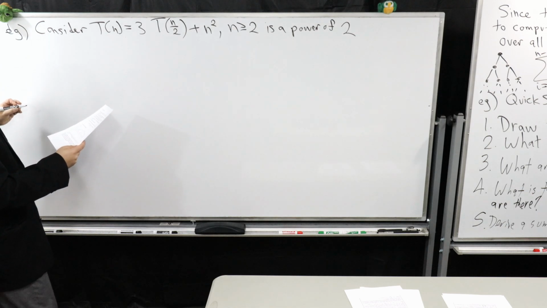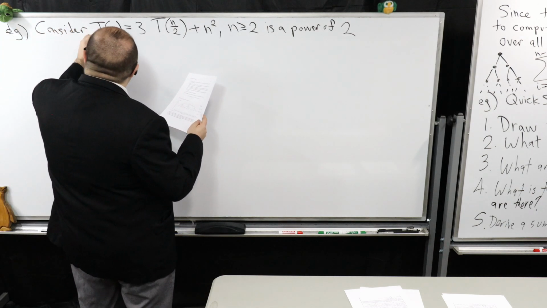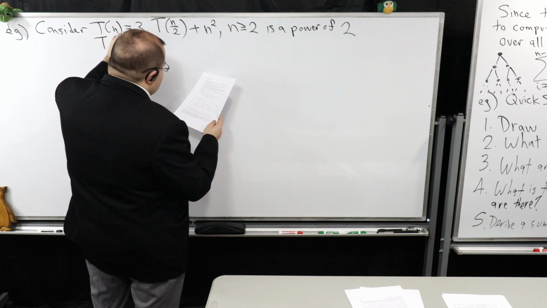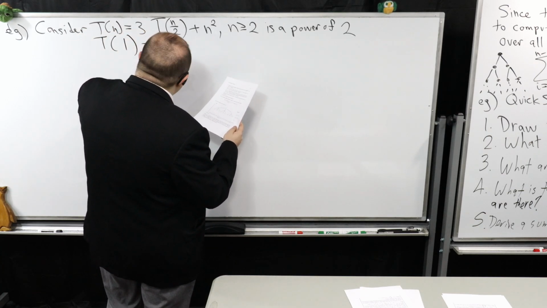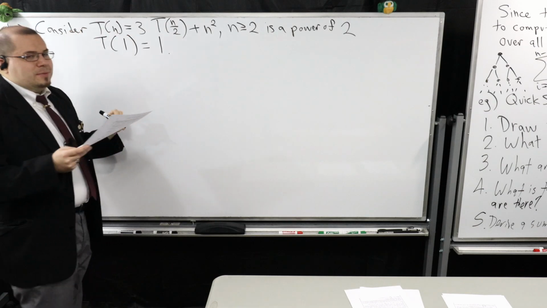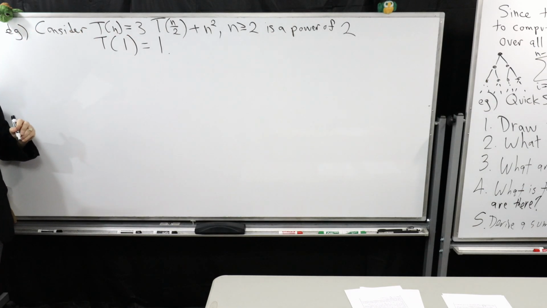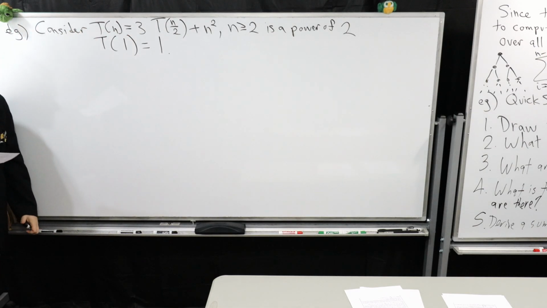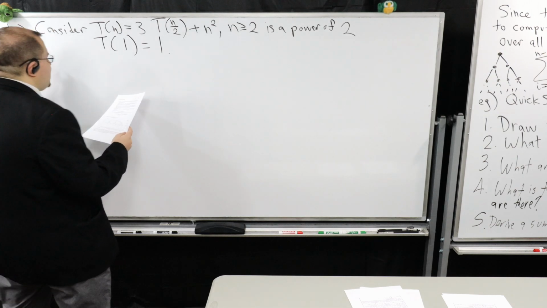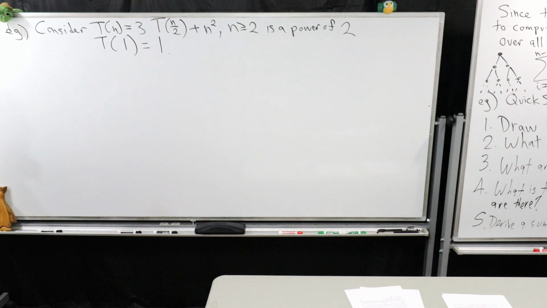But the point here is that instead of just decrementing by 1 or by 2, it's now taking the input n and halving it. So here's what my recurrence relation looks like. I'm just going to assume n is a power of 2.